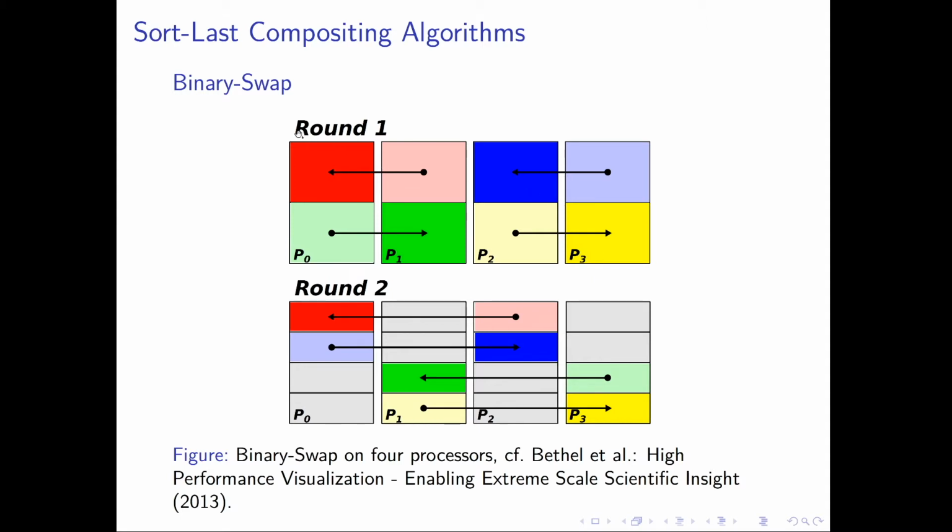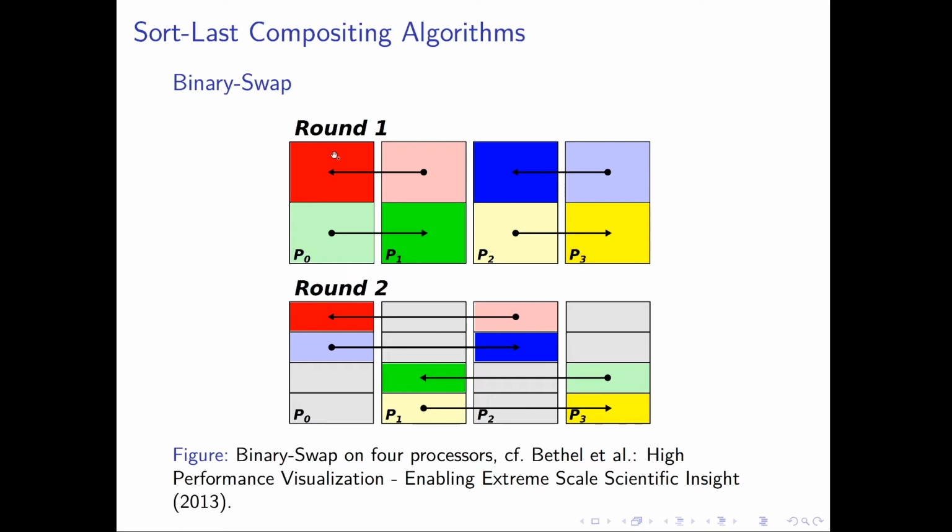Both groups are responsible for compositing half of the image. Those aren't quarters anymore. In the direct send case, those tiles were quarters, but now they are halves of the image. Processor P0 is responsible for compositing half of the image, and processor P1 is responsible for compositing half of the image, but they are not responsible for compositing their half in full.